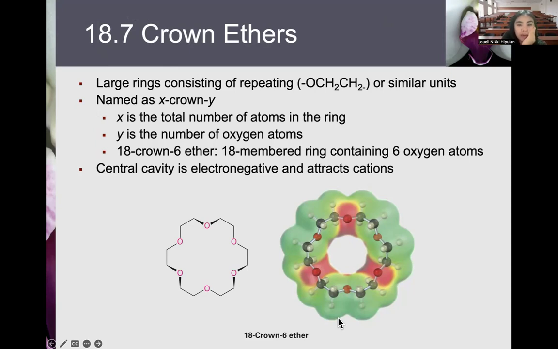And if you name them, it has this X-crown-Y format, where X is the total number of atoms in the ring, and Y is the total number of oxygen atoms in your ring. So for example, for this compound, we count 1, 2, 3, 4, 5, 6, 7, 8, 9, 10, 11, 12, 13, 14, 15, 16, 17, 18. So this is an 18-crown-6.